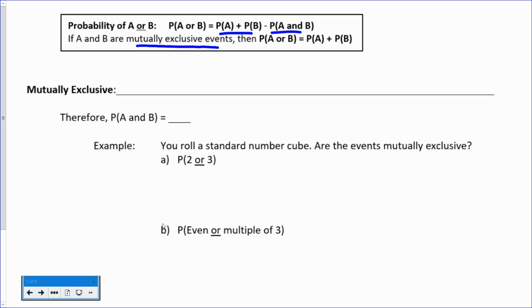Okay, so what mutually exclusive means would be two events that cannot happen at the same time.